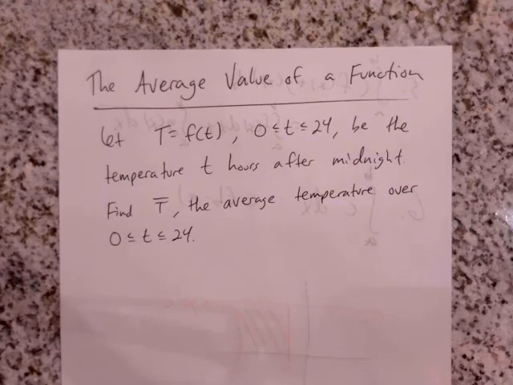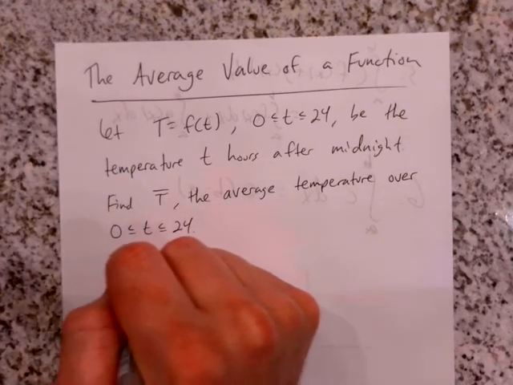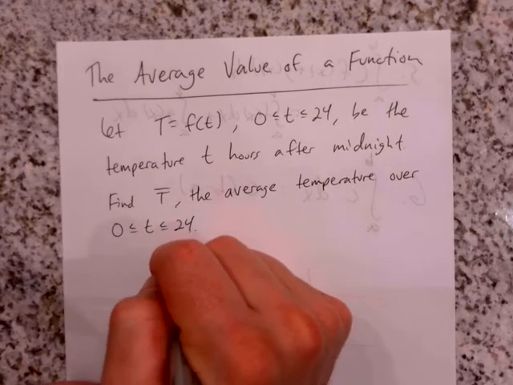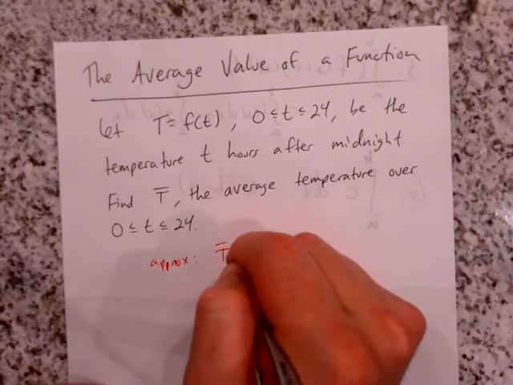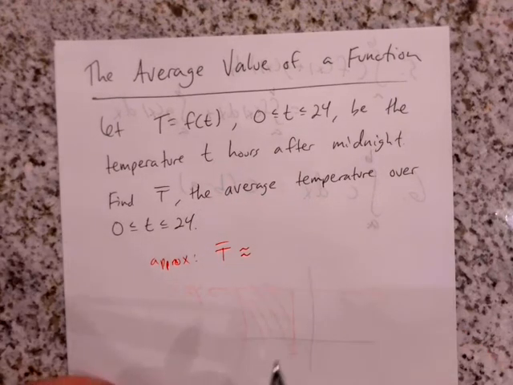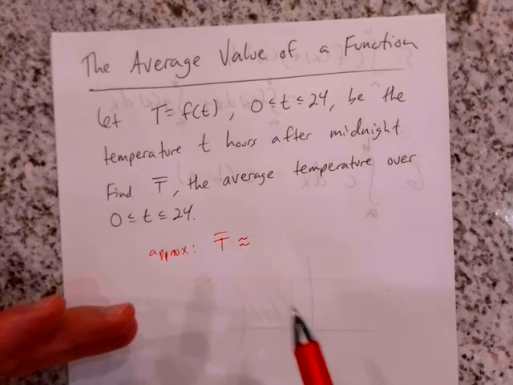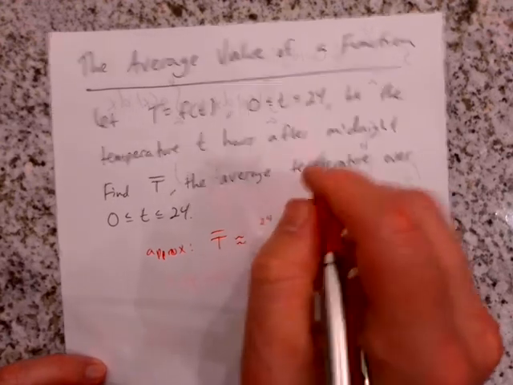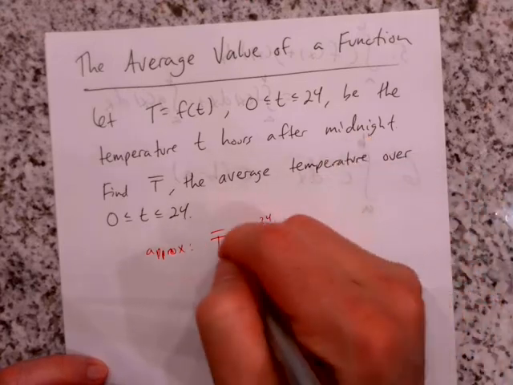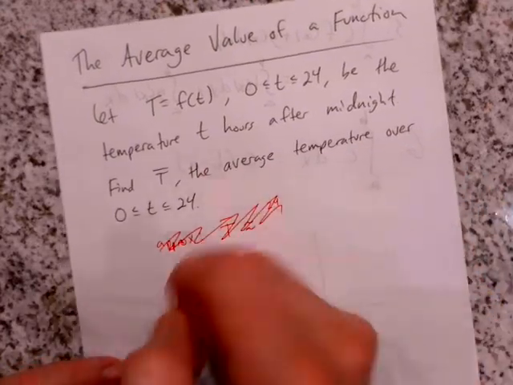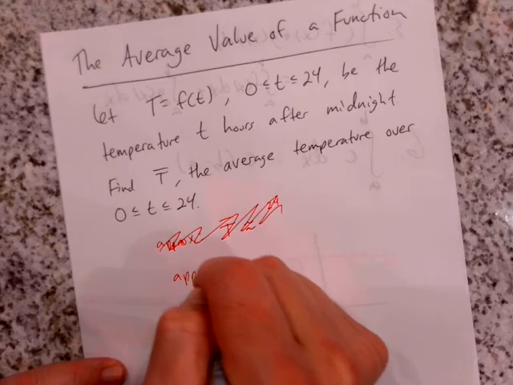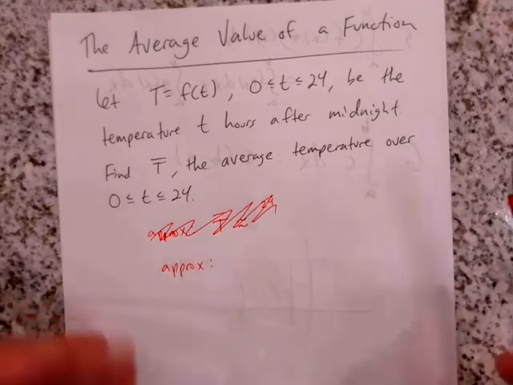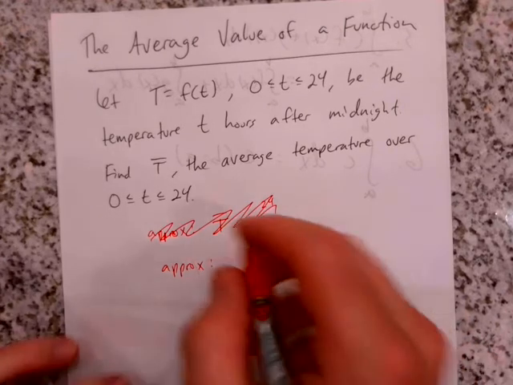So, what you could do is approximate it. Actually, let me cross that off and start over again. What you could do is take the temperature every hour, add up all those temperatures, and then divide by 24 for a 24-hour period.